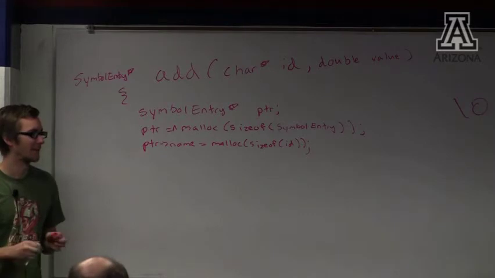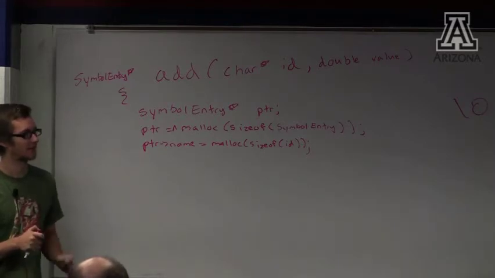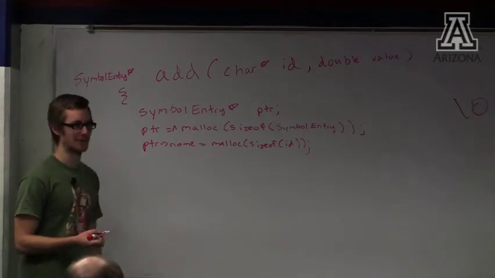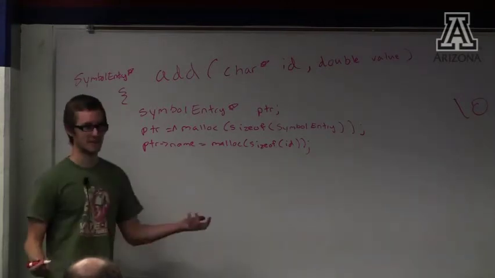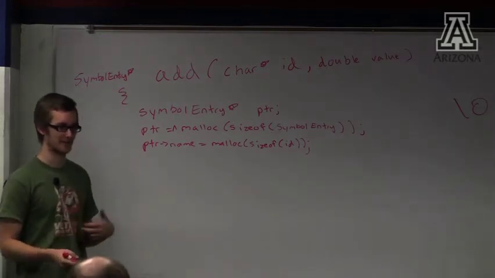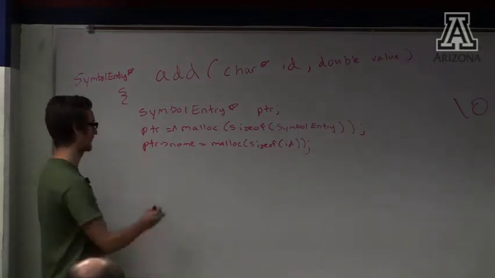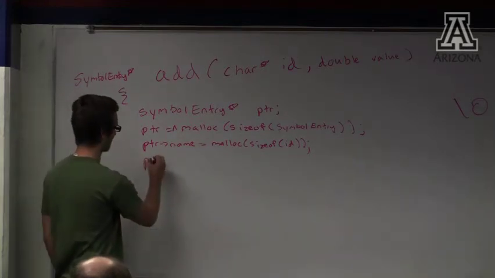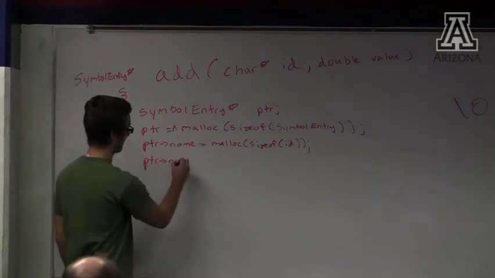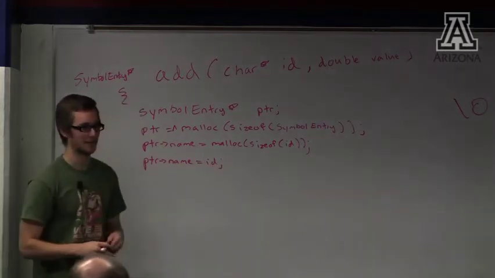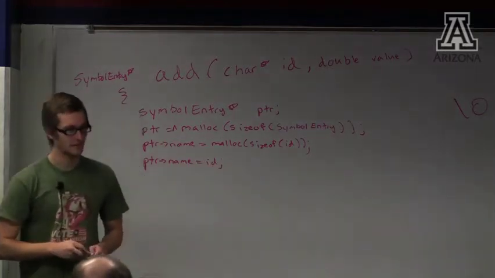So anyway, I wanted to hilariously point out something that I did for years before I got over it, because I come from a C++ world, which has a couple of really nice things about it. It's kind of in that Java realm, right? So my next stage would be, well, I want that ID to be pointer name, so pointer name equals ID. Hooray, everything works, right? And I'd go along.